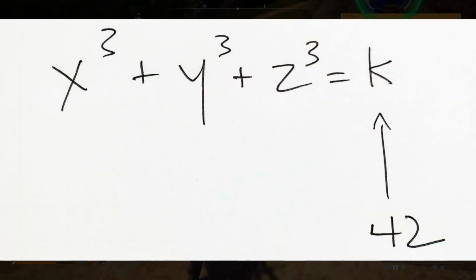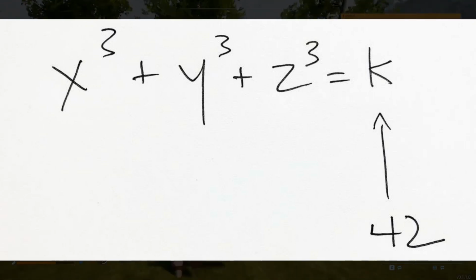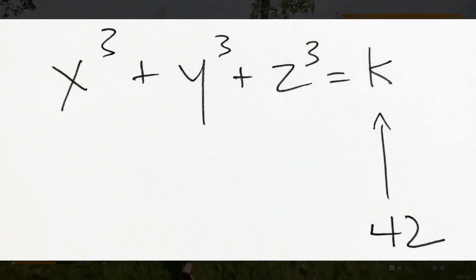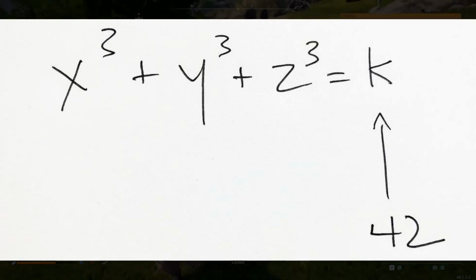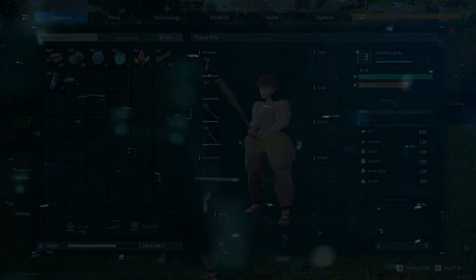In this equation, K represents numbers 1 to 100, and with most games, K equals 42. Palworld breaks this metric with an outrageous score of 100.